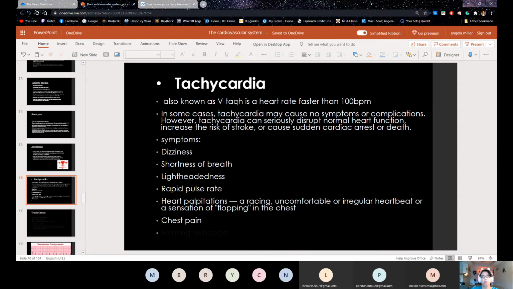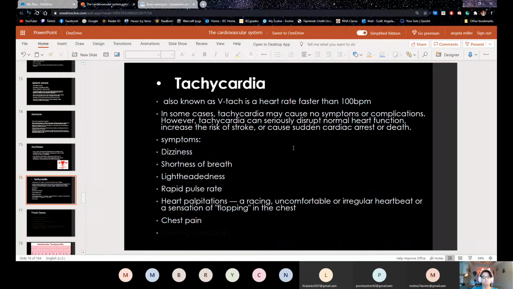When we think of tachycardia, that's what we normally associate it with, the ventricles. In some cases it's the atria, but we don't normally call that a tach, we call that a flutter. And I'll explain the difference in a little bit.